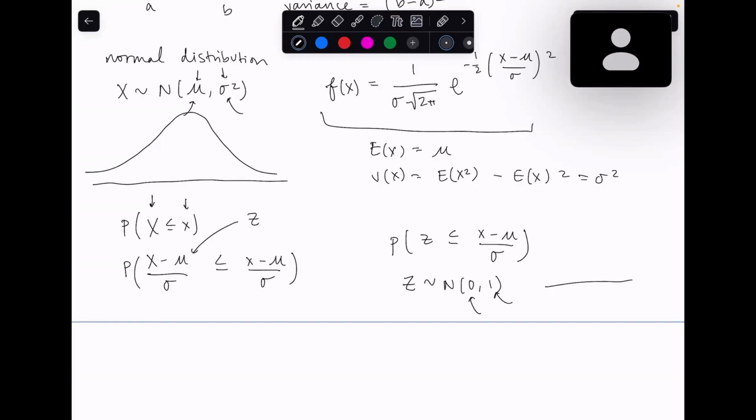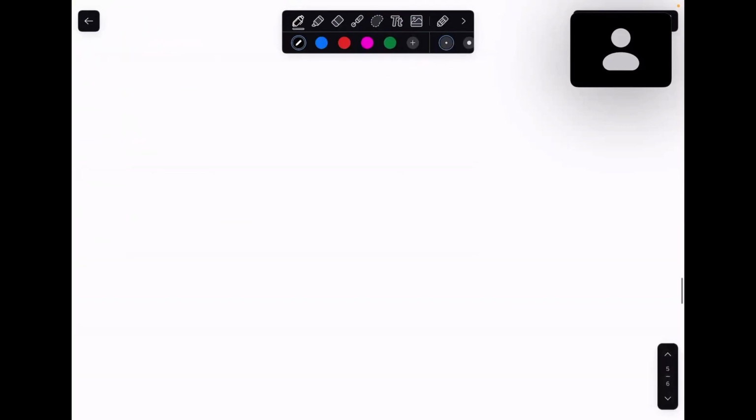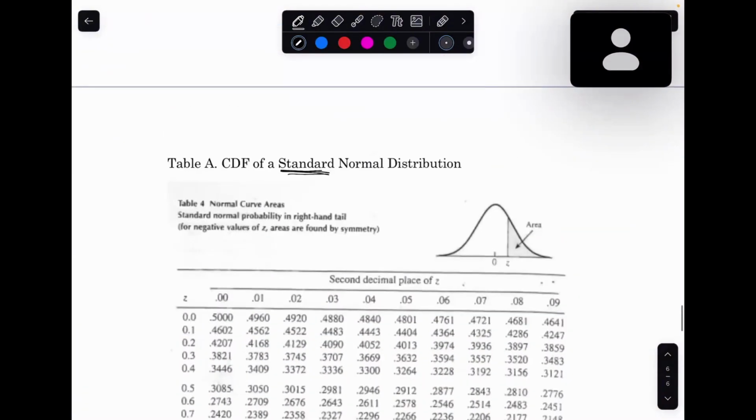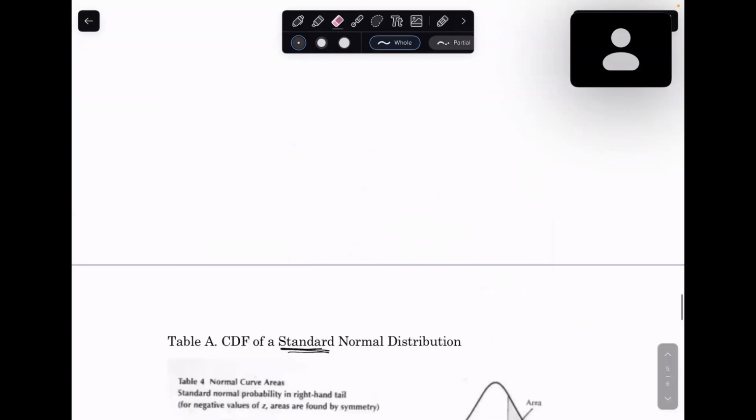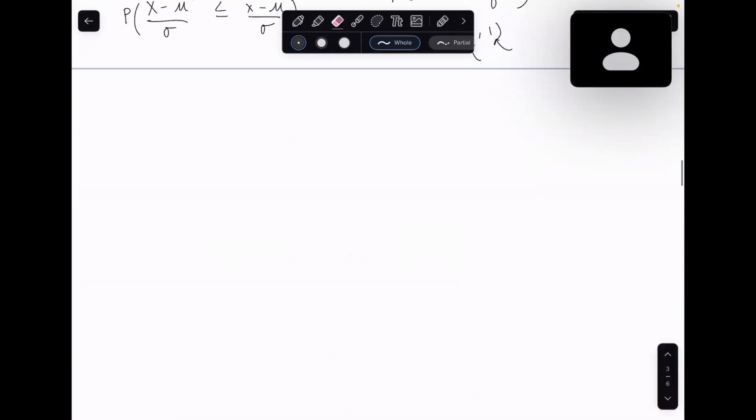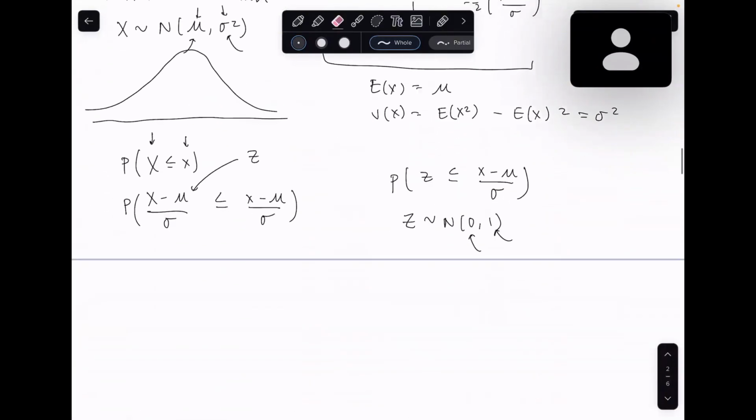That's why, if we look down here at the standard normal PDF, which is this, and it's giving you the CDF values, which is the area, like we talked about, you see that the mean here is 0, because it's a standard normal. So that's pretty cool. Yeah, so that's how we standardize things.